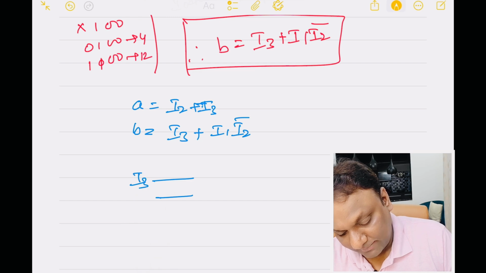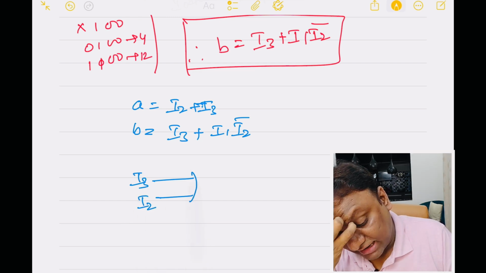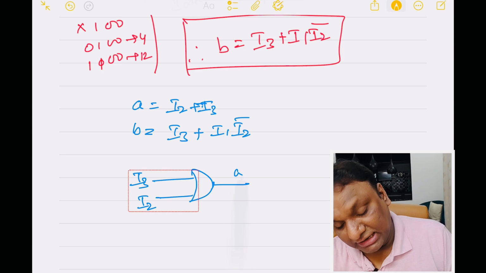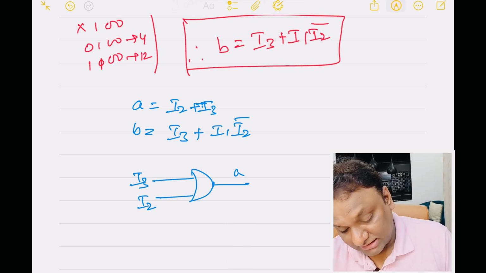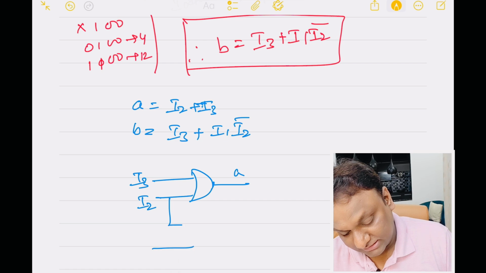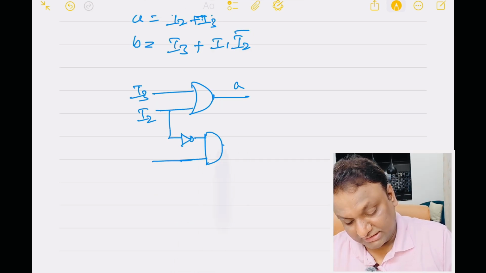Let this be I3, let this be I2. If I add these two, then I get A. Similarly, this is I1 and this is I2 bar. This is given to an AND gate here.